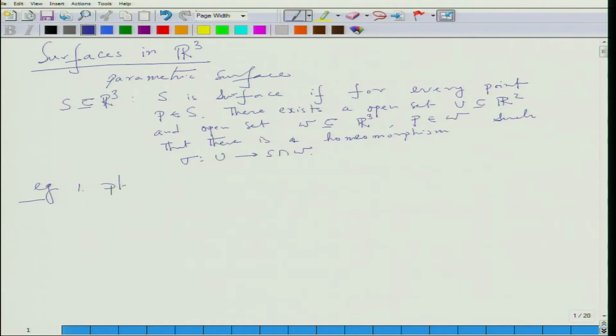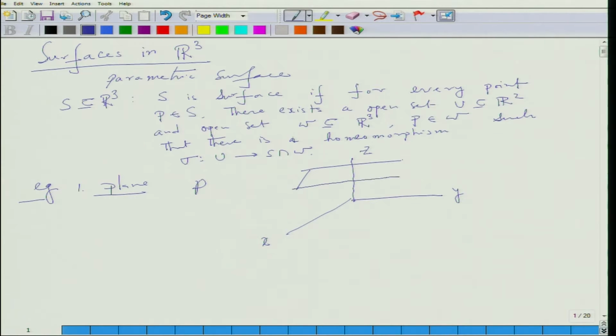Plane. What about a plane? So, let us take a plane P. So, I draw the coordinate axes. And I have a plane here.